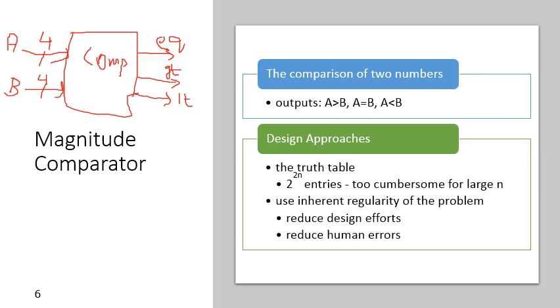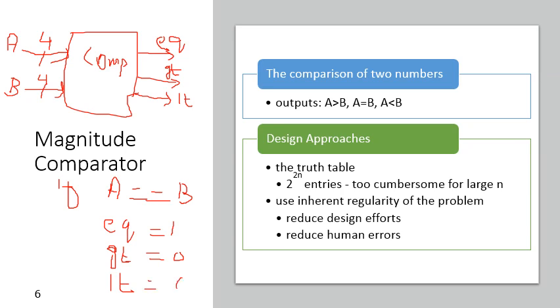So if that sort of case is implemented by using some programming platform, then it can simply be described by this algorithm: if A is equal to B, then EQ should be high, GT should be low, and less than should also be low.